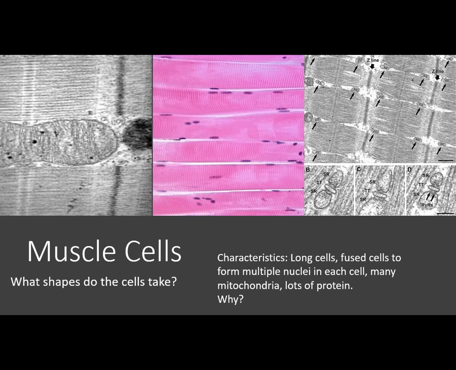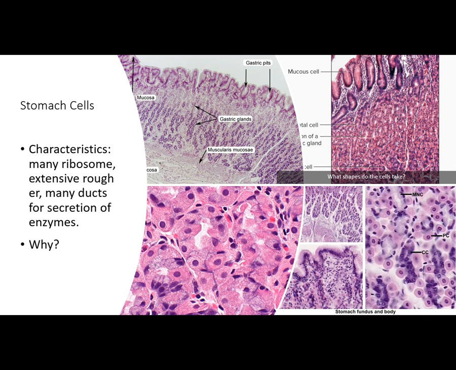The next one we have is stomach cells. Now, a stomach cell has many ribosomes, extensive rough ER, rough endoplasmic reticulum, and many ducts for secretion of enzymes.